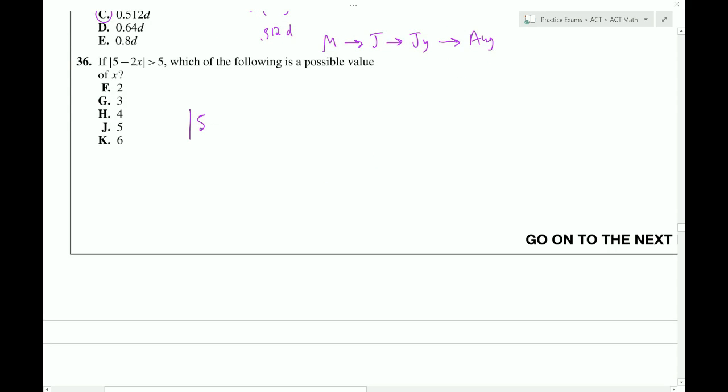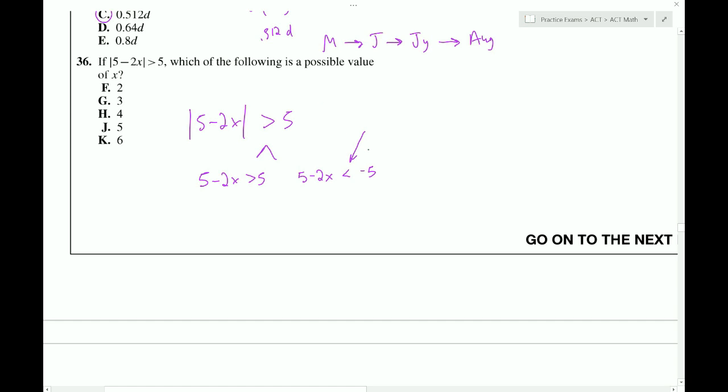The absolute value of 5 minus 2x is greater than 5. Which of the following is a possible value of x? Whenever we have an absolute value problem, we split it into two different problems. The first problem will have everything exactly the same except no absolute value bars. In the second one, the absolute value side stays exactly the same, and then you have to switch two things: you switch the inequality sign to the opposite, and you switch the right-hand side to be the negative of what it is.